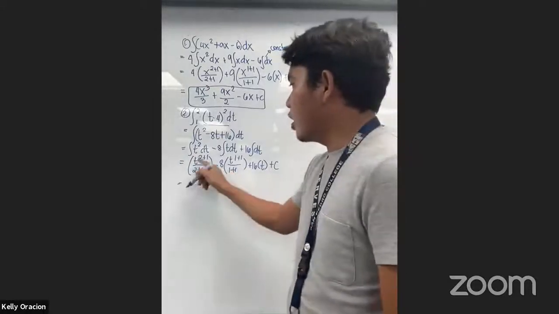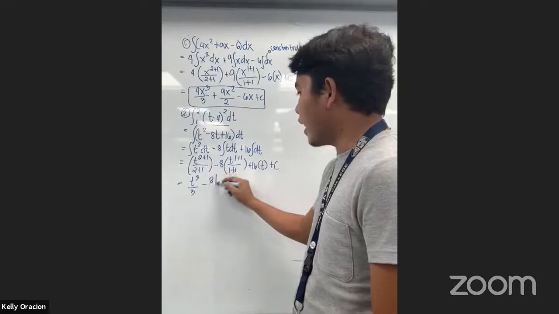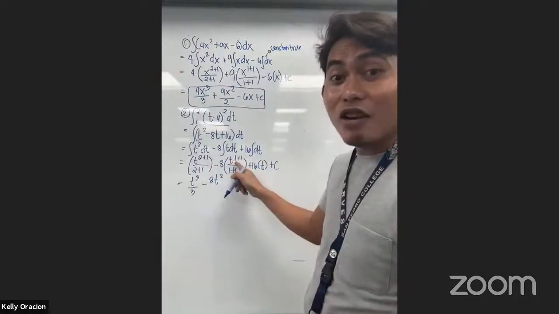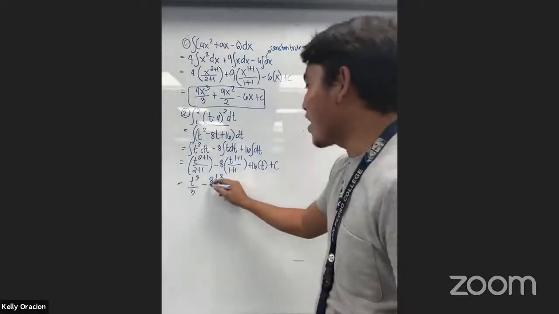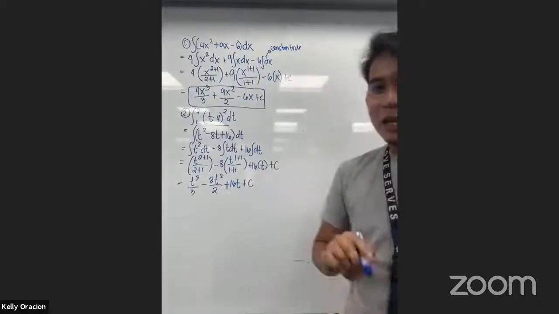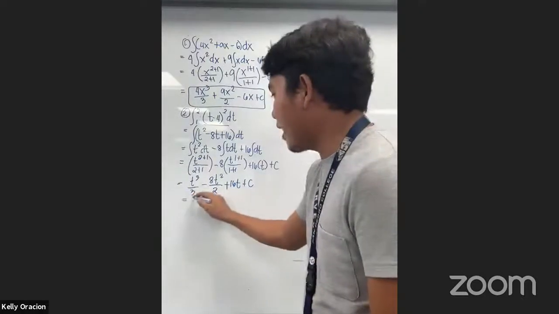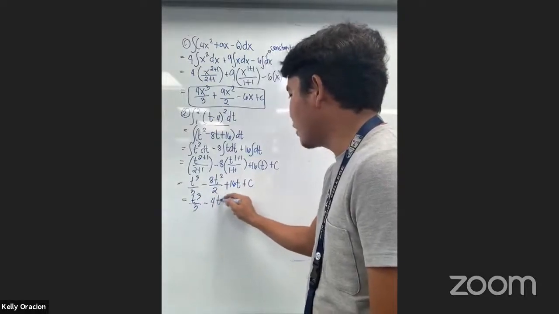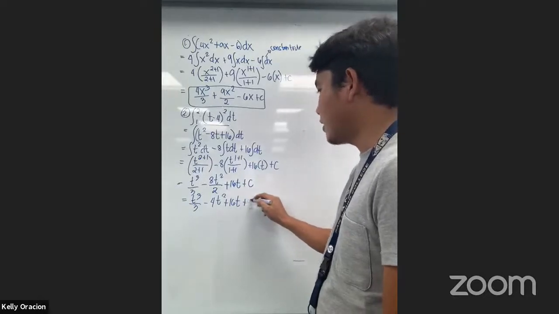So you have t cubed over 3 minus 8t squared over 2 plus 16t plus c. And then it can be simplified: t cubed over 3 minus 4t squared plus 16t plus c.